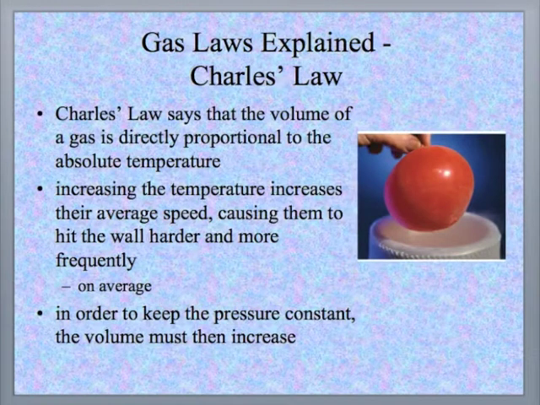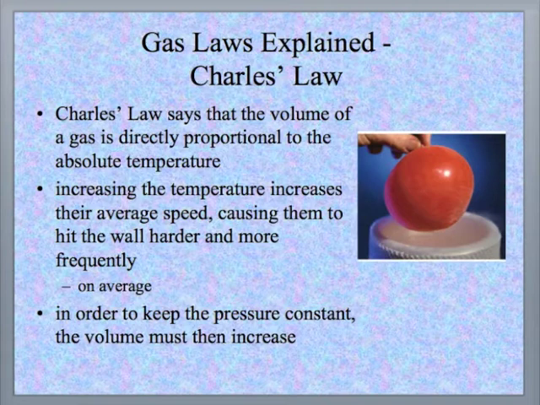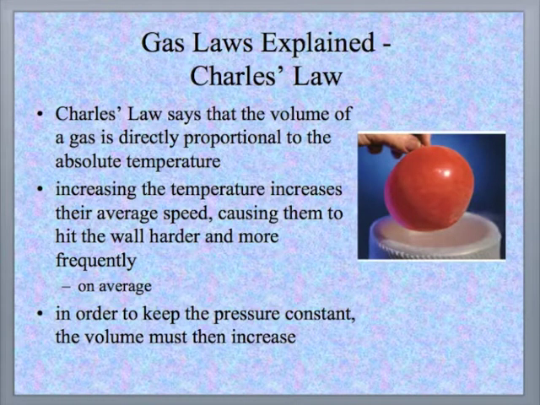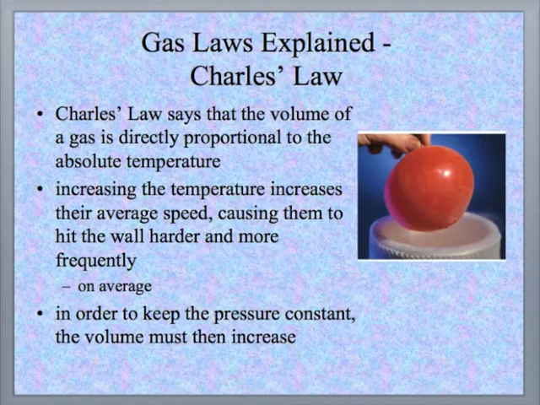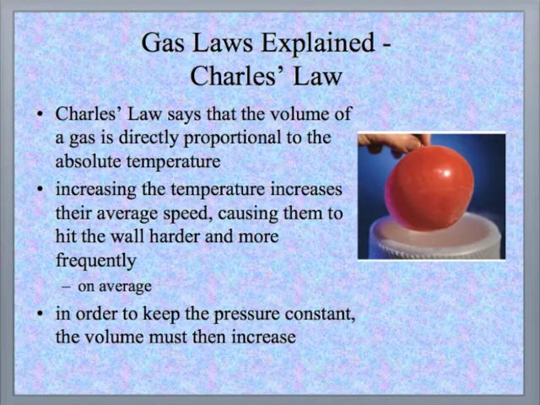Now, what about the effect of temperature? We saw before how temperature and pressure are related, and insofar as temperature affects pressure, the volume is also a player as well because volume affects pressure. Charles's law says that the volume of a gas is directly proportional to the absolute temperature.